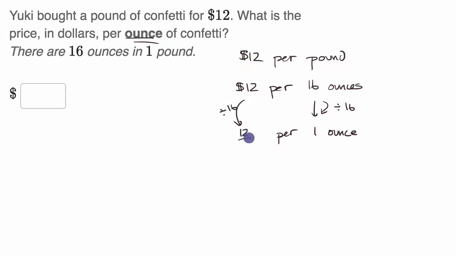So 12 divided by 16 is the same thing as 3/4. Just divide both of them by 4. And so this is 0.75, or 75 cents. 75 cents per ounce, or 75 hundredths of a dollar per ounce. So 0.75. And we're done.